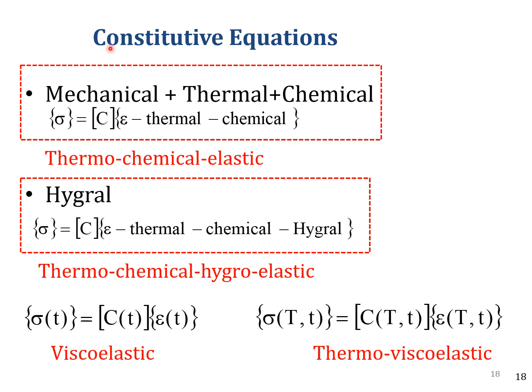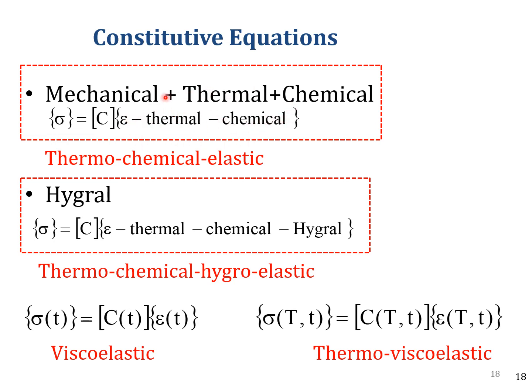Such a constitutive equation is called the thermochemical and elastic equation, or this approach is called the thermochemical and elastic approach. The stress will be equal to rigidity times epsilon minus or plus thermal, minus or plus chemical.